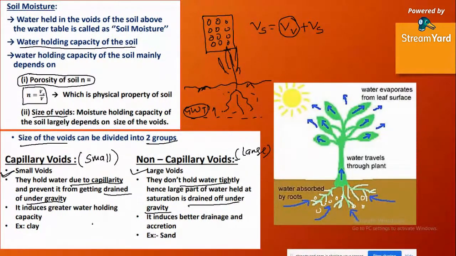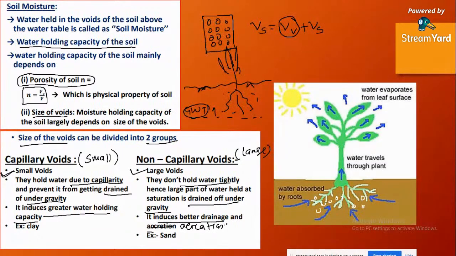And in capillary voids, due to the capillary action, the water is stored in the voids of the soil, so it has a very greater water holding capacity. But as the size of the voids is very large in non-capillary voids, it induces better drainage and aeration.